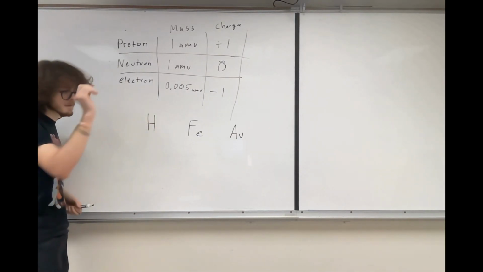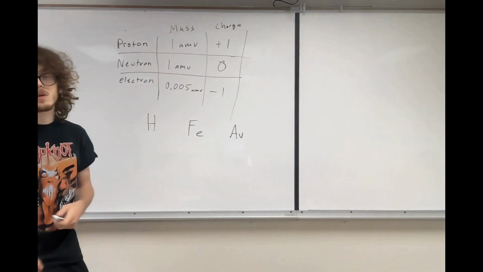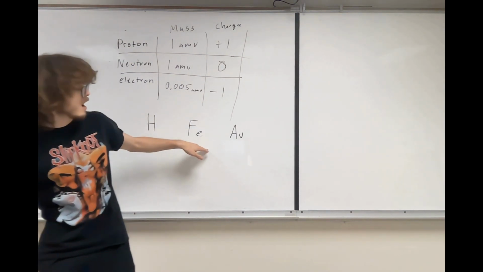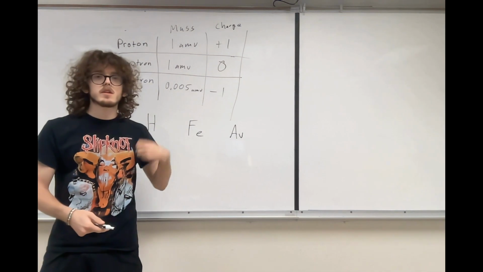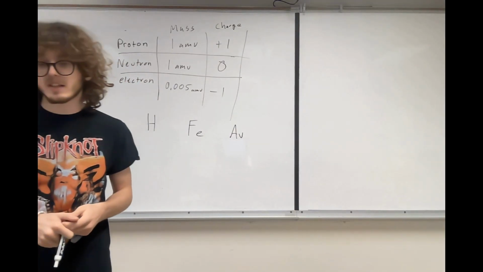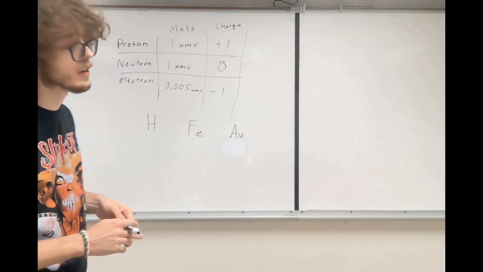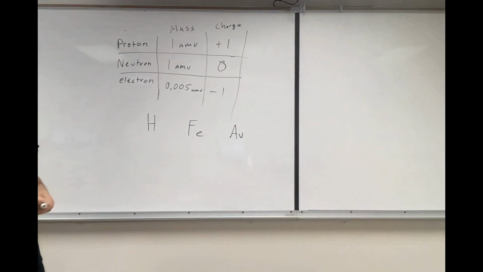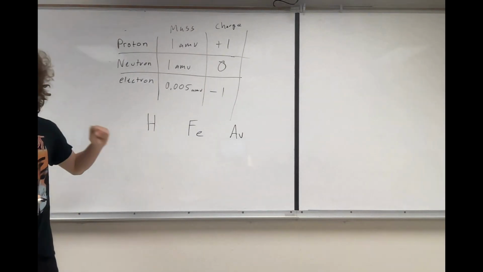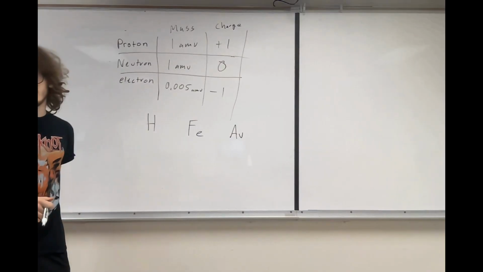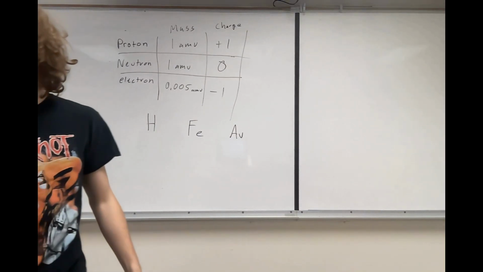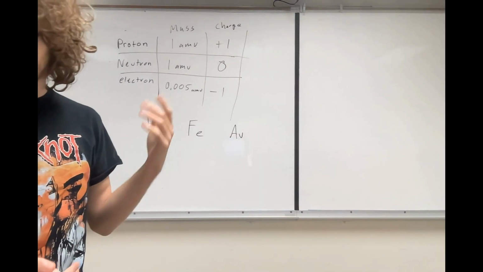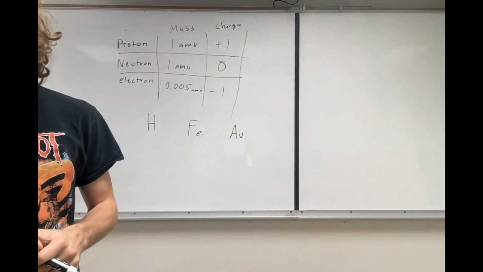We won't be so worried about the numbers for the other ones, but you have hydrogen, iron, gold. Get familiar with these symbols. You'll find them on the periodic table, of which we'll talk about in a later episode. But yeah, just keep this in mind. Symbols, what element are we talking about? And you've probably seen this before in maybe past chemistry courses.